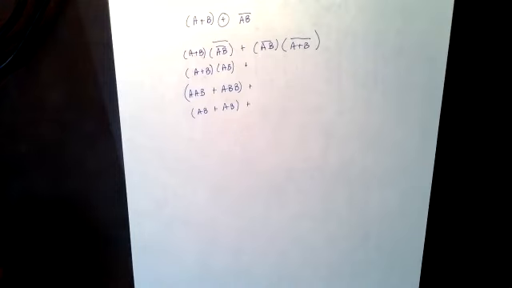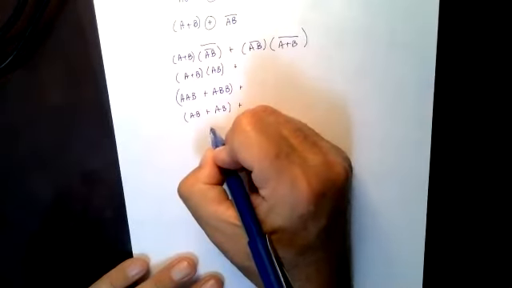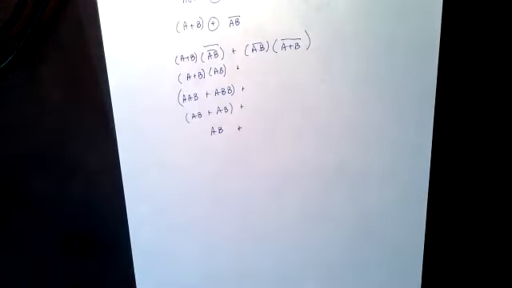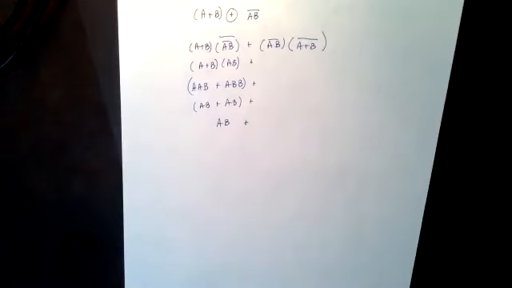And again, that identity sheet is going to come into play until you get this down. But I believe this just becomes AB, correct? Questions on the left side.